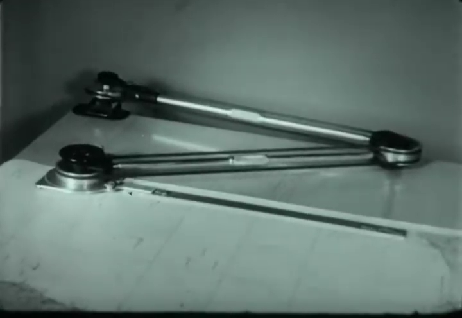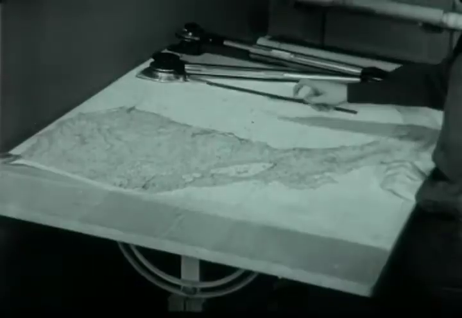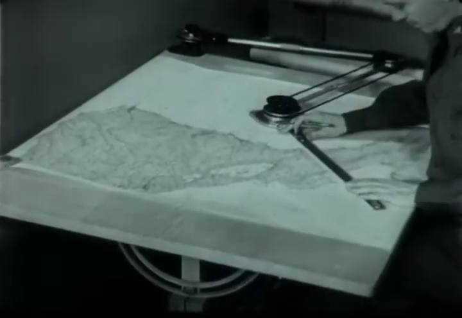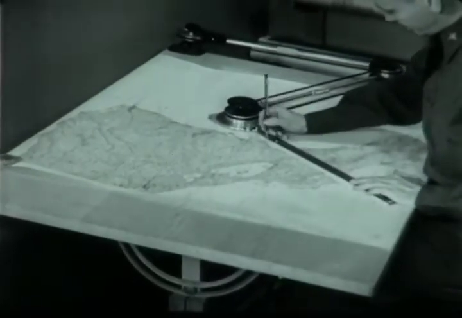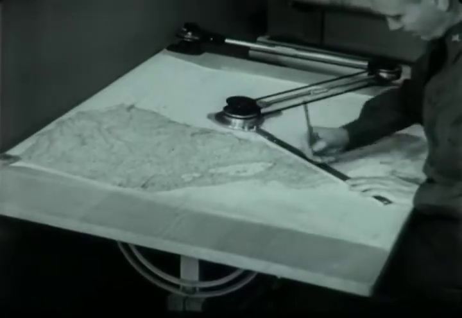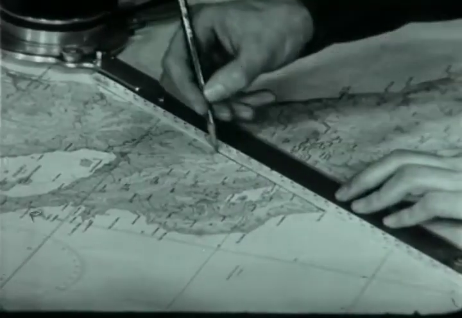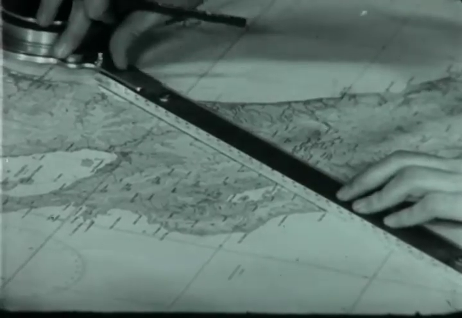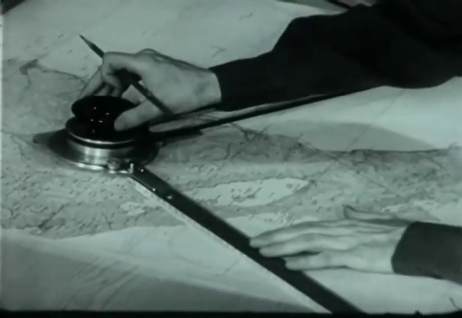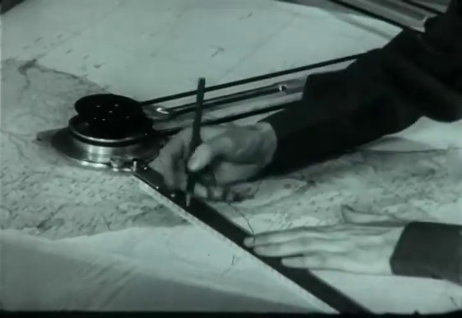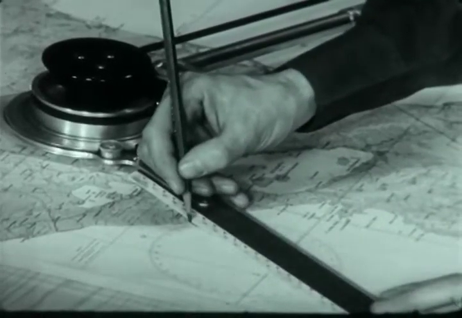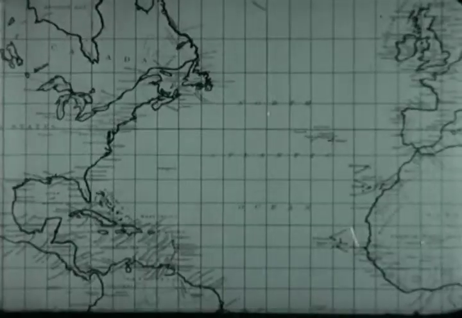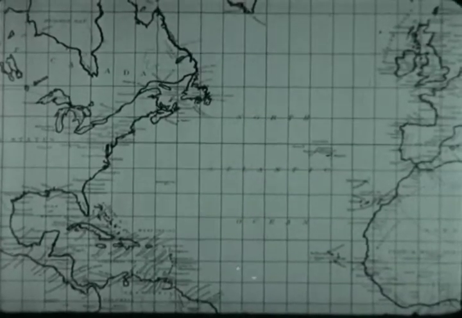Paralleling devices can be employed because true courses on the Mercator projection are represented as straight lines. Nevertheless, the Mercator map has certain disadvantages.